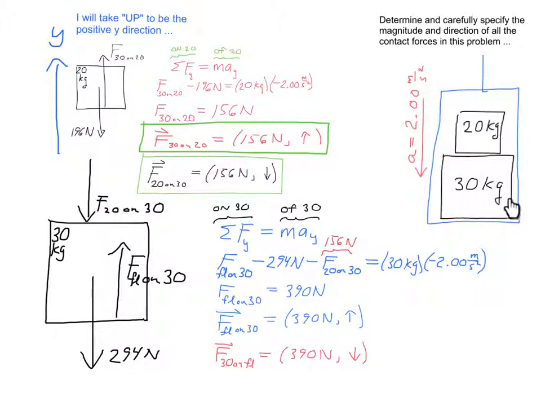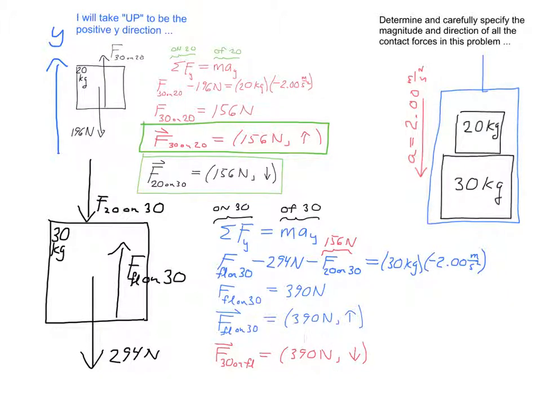If I consider the 30 kilogram block and the 20 kilogram block as part of the same system, I will only include the external forces acting on that system in the free body diagram, because that's what will accelerate that system as a whole. So let's see how that all works out, and we'll make sure that we get the same result.